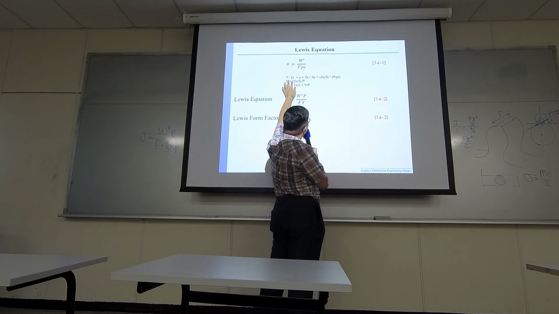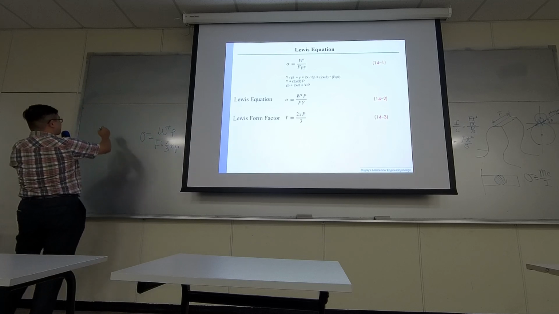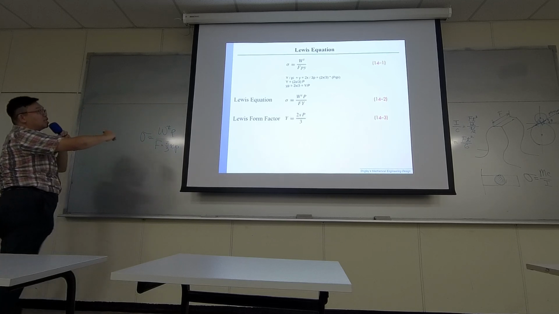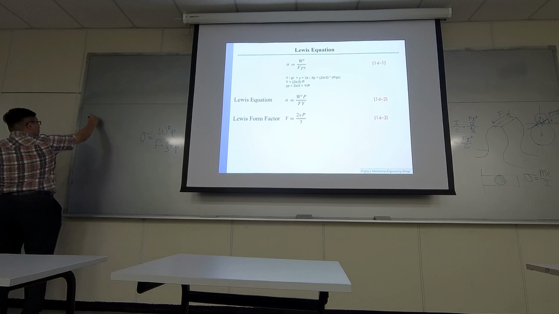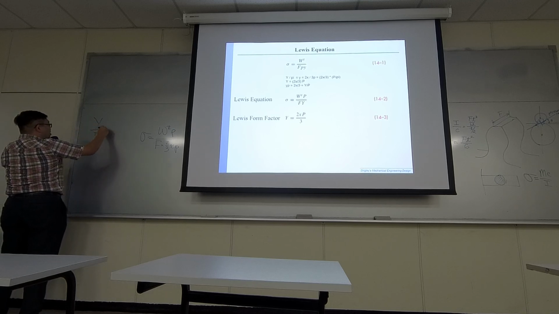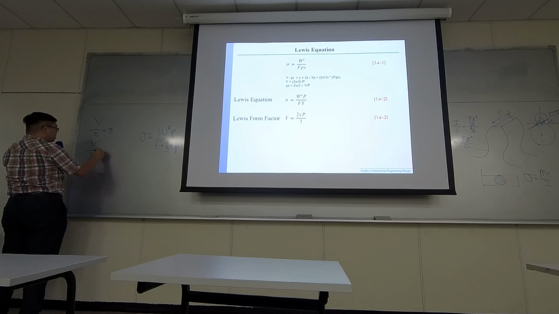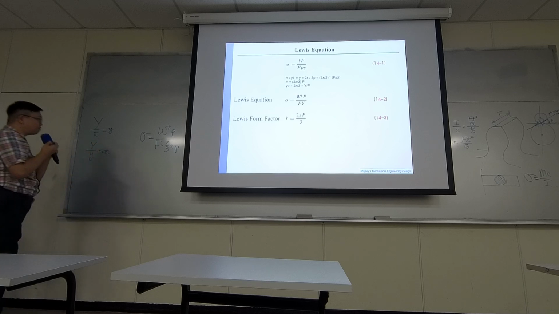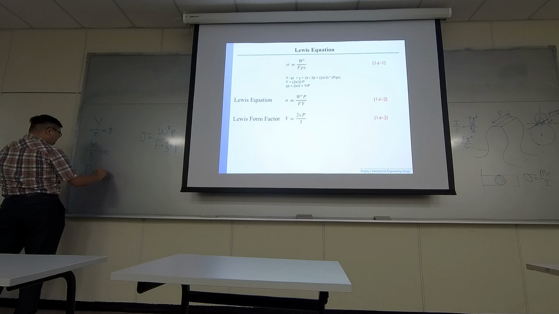Okay? So if you have the same relationship, but this time they are basically capital Y over pi equals small y. So it's slightly different. We have capital P and small p multiplying equals pi.